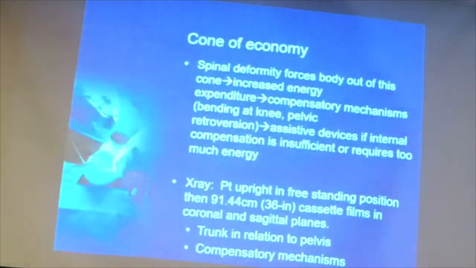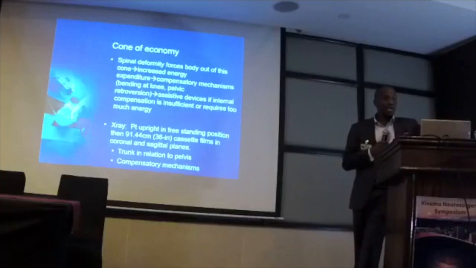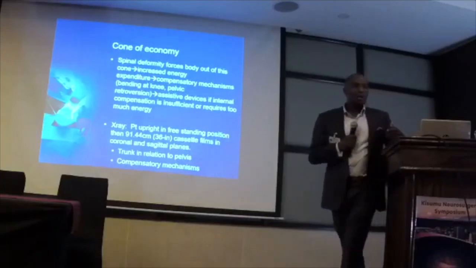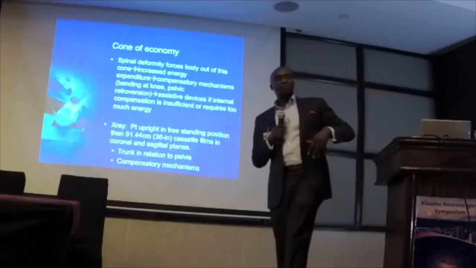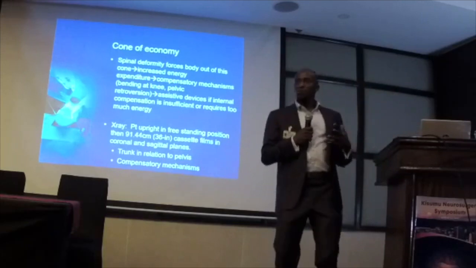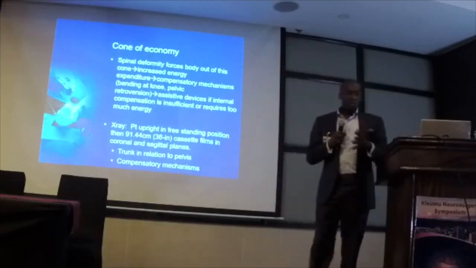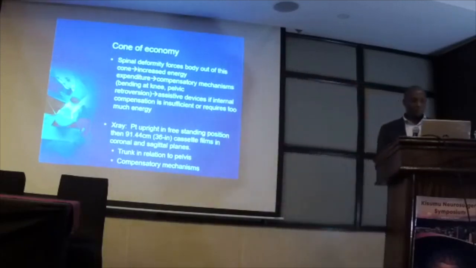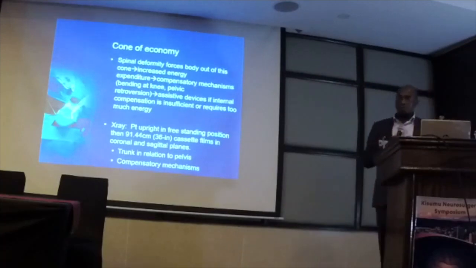So spinal deformity forces the body out of this cone. What happens? You start using more energy to maintain posture. You start recruiting compensatory mechanisms, from knee bending to pelvic rotation, to maintain the balance or to compensate for the loss of balance.